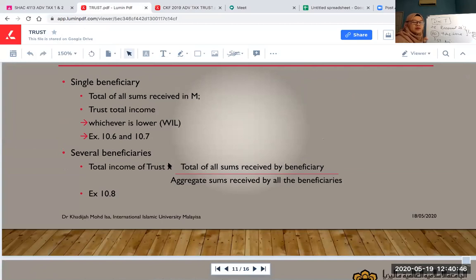Formula kalau ada, dalam case ni single beneficiary. Kalau ada beneficiary 1, beneficiary 2, beneficiary 3, dia akan buat macam tu. Total income of the trust times by amount received by the beneficiary over total received. In other words, you nak ambil a portion lah, apportionment of the total income received. So for the second one, you akan tengok example 10.7.